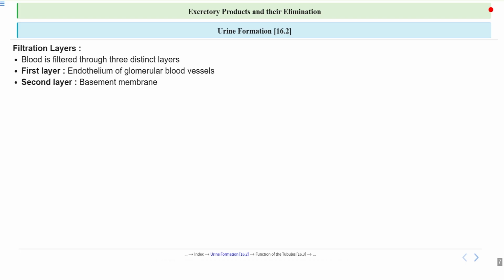The second layer here is the basement membrane. This acts as the selective filter, blocking medium-sized molecules and providing an extra level of protection. The third layer is the epithelium of Bowman's capsule. The podocytes here create narrow slits, allowing only the smallest molecules to pass into the filtrate.